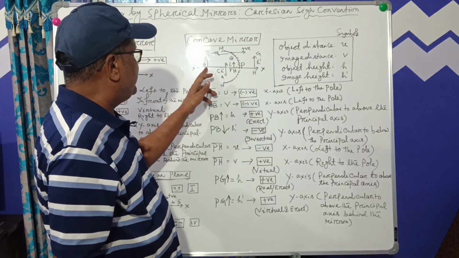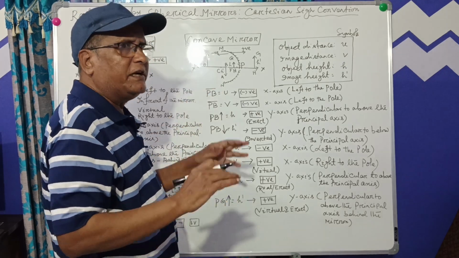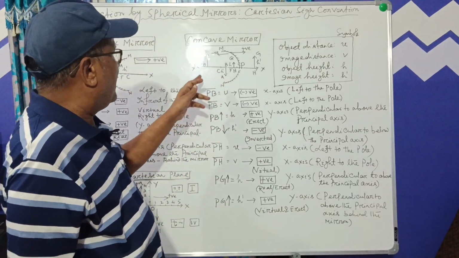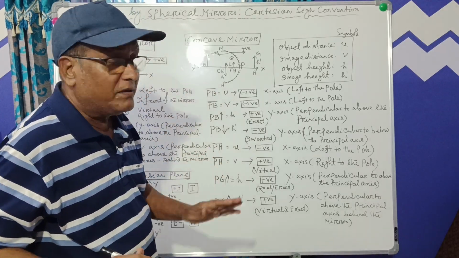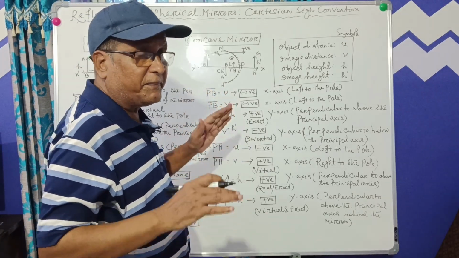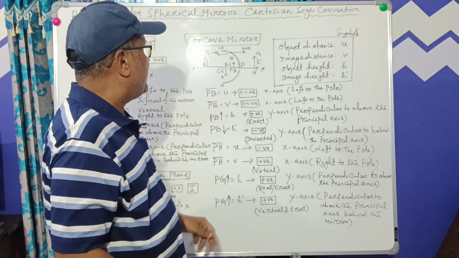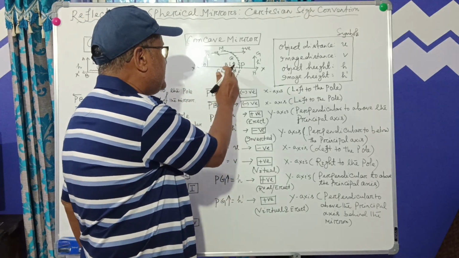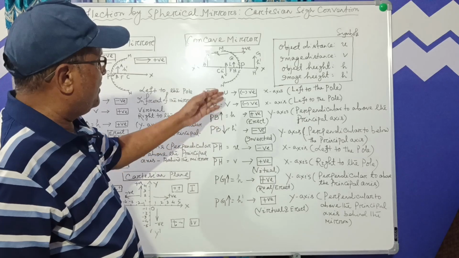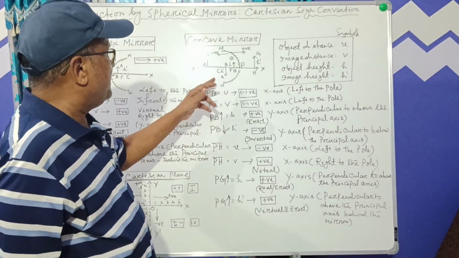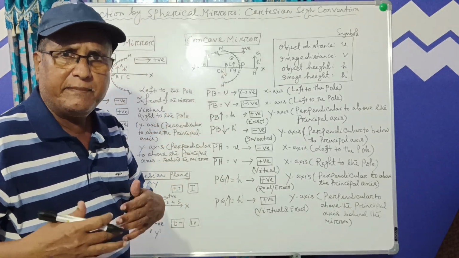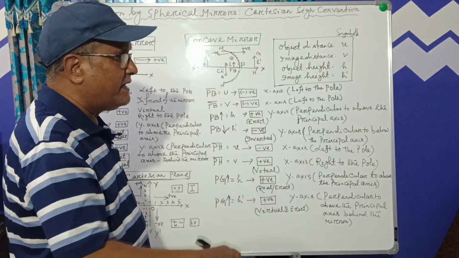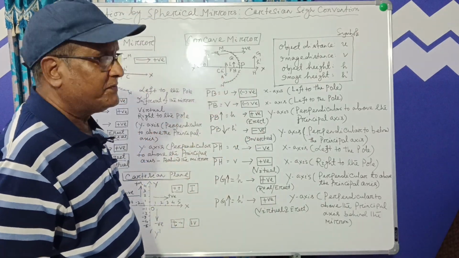Now, an object AB is placed beyond the center of curvature, and as per the ray diagram, the image is formed between the focus and the center of curvature. Look at the image. The image is real, it can be captured on the screen, but it is inverted and short.